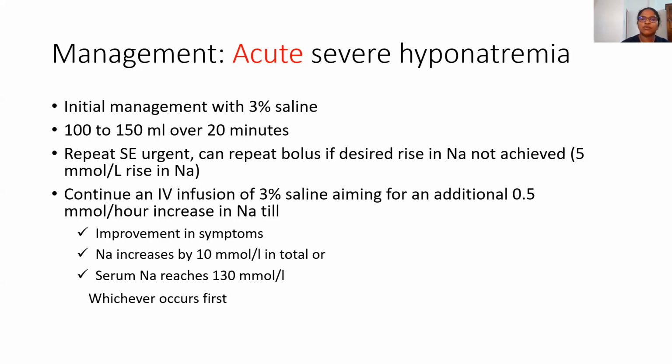So once your serum electrolytes show sodium more than 130, or a rise of sodium, let's say when you started resuscitation it was 115 and now it is 125, then you have to stop 3% saline. So maximum rise 10. Or if there is improvement of symptoms, once any of these things occurs, you can stop your 3% saline.